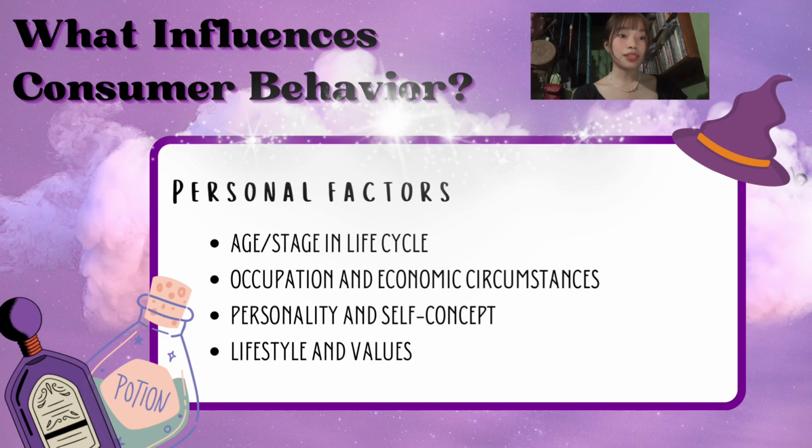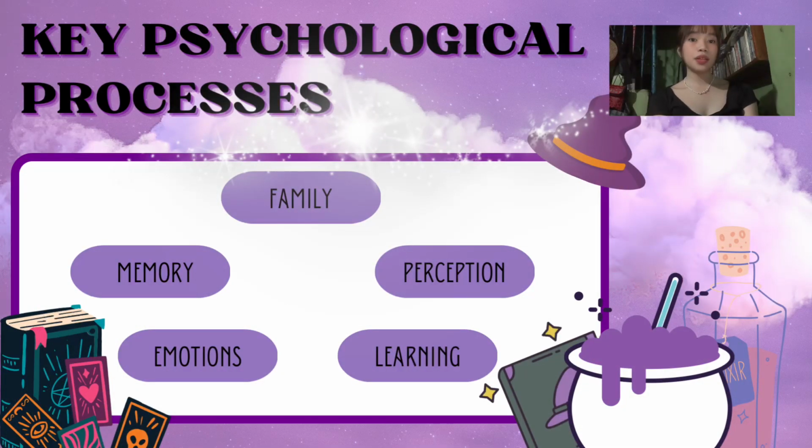Someone who values sustainability may choose eco-friendly products, while a fitness person may invest in sportswear and health supplements. Marketers consider these personal factors to create targeted campaigns that appeal to different consumer groups based on their preferences and needs.